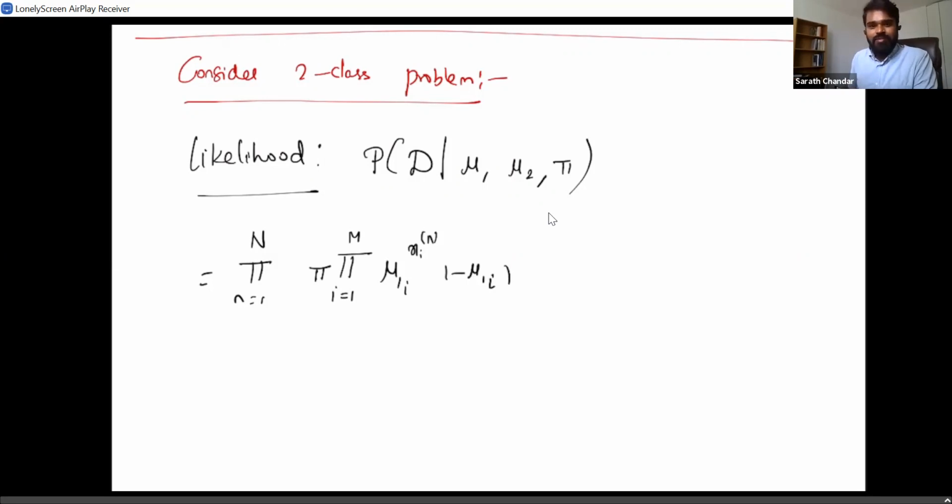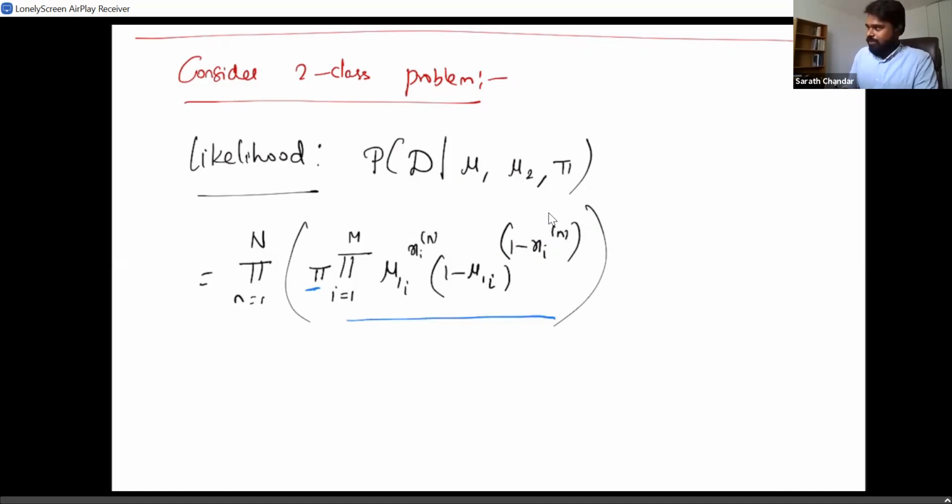Okay, it looks like a very complex term, but what it really means is we have pi and the product. So this is actually the prior probability pi, and then you have the product term, which is the probability for the x.